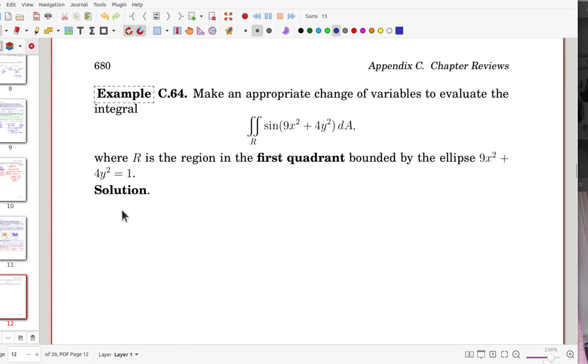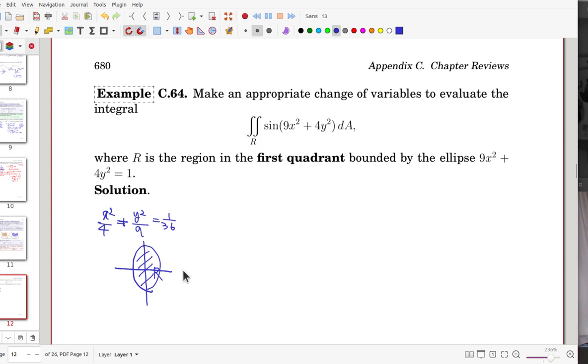If from this one we divide by, for example, 36, then we can get x squared over 4 plus y squared over 9 equals 1 over 36. So the region R is an ellipse 1.5 times longer vertically like that. Okay, that's R.